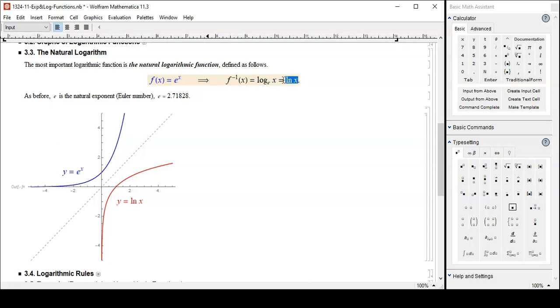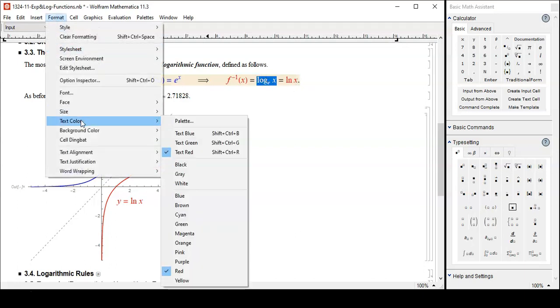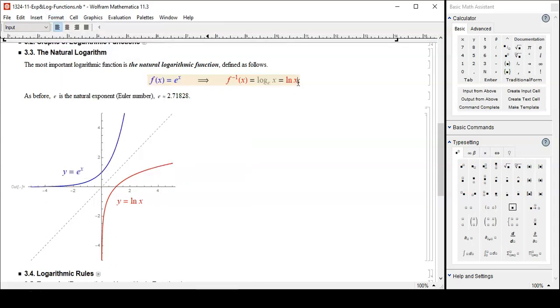And the inverse function is the natural logarithmic function, which we write as ln. Log base e, that special case, we abbreviate as ln. So this expression, replacing a by e, is hardly used.